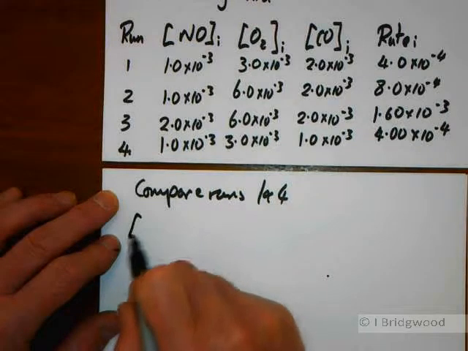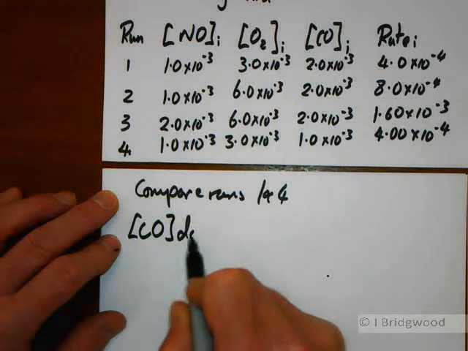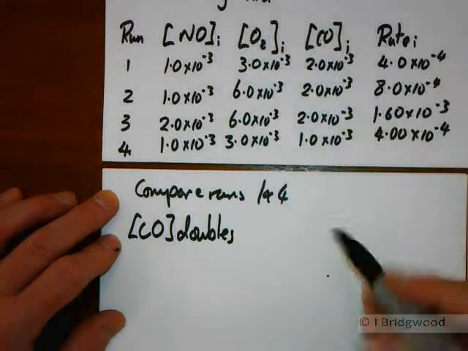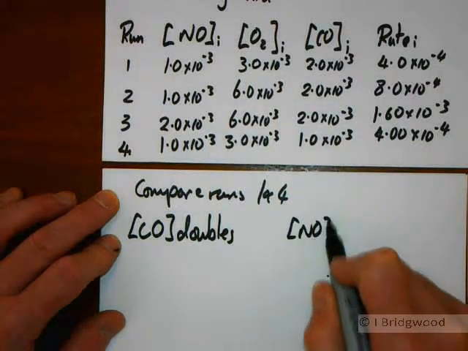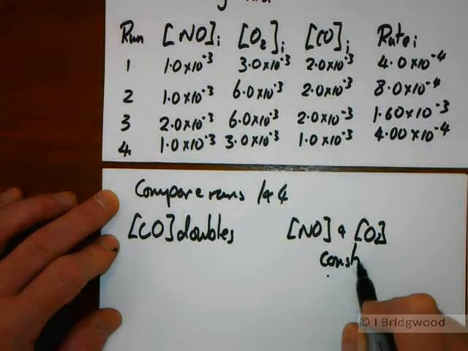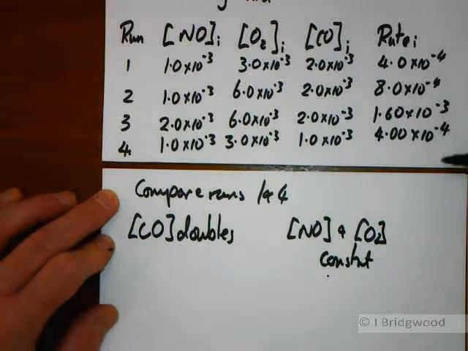Here, the concentration of carbon monoxide doubles, but the concentration of NO and O2 are constant. What happens to the rate? Nothing.